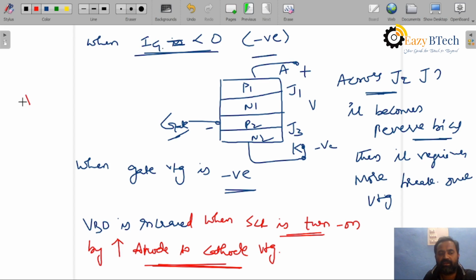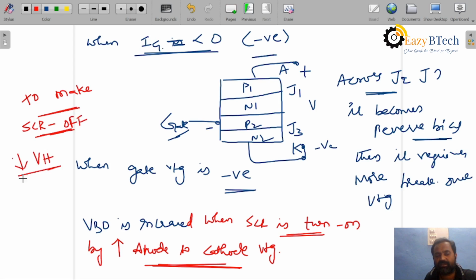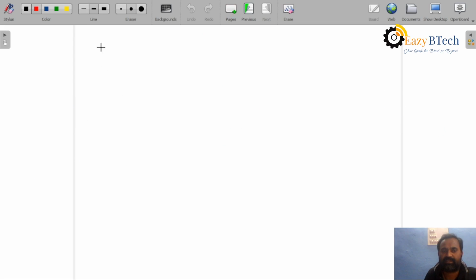To make the SCR off, what happens? Decrease below the holding voltage. Okay. Next, the third case, when the gate voltage is greater than 0.